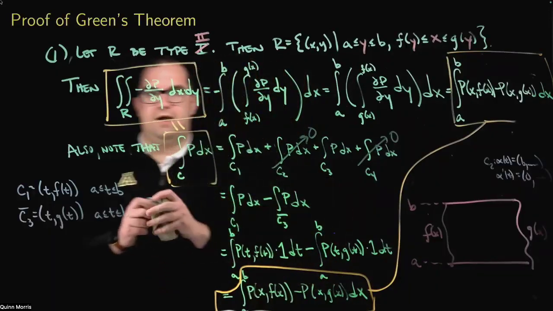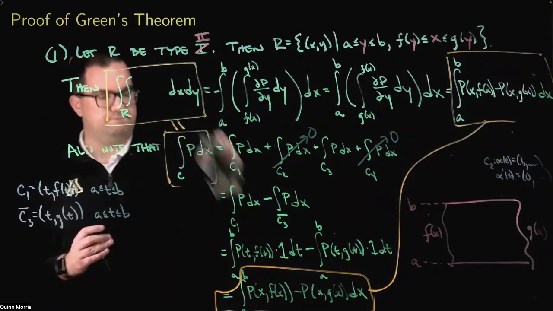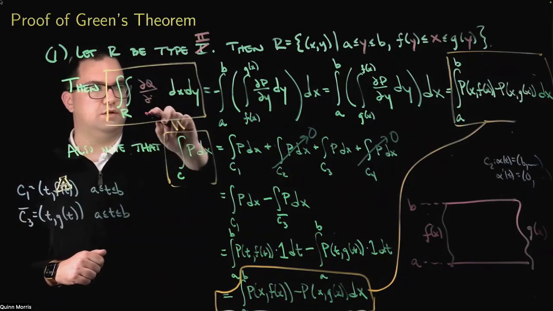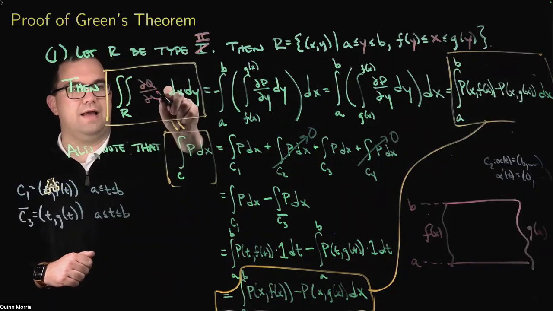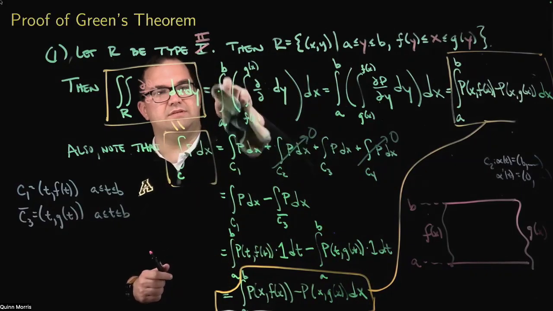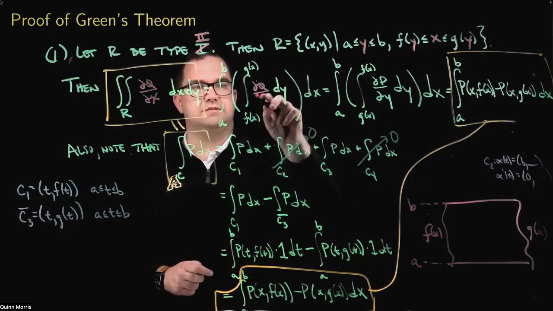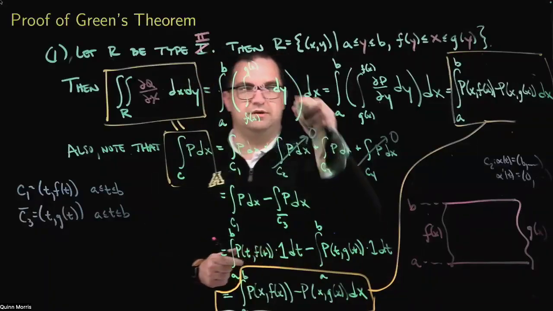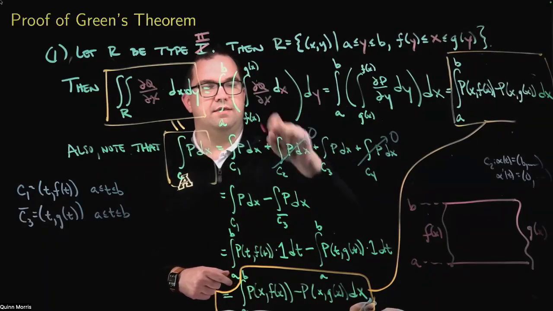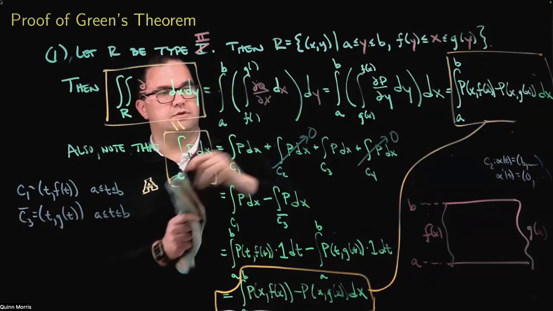Now the first thing, here I would look at, instead of minus dp dy, I'd look at dq dx. Okay, I would write this as an iterated integral. I wouldn't have this negative sign. But now I've got to take care of this. Actually, I'm going to flip the order of integration. And this is now from f of y to g of y.